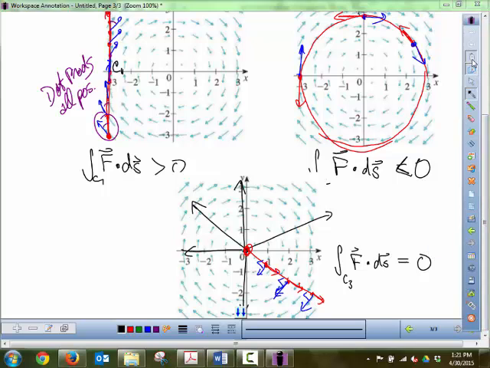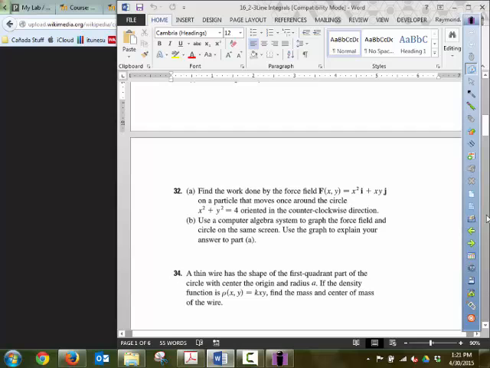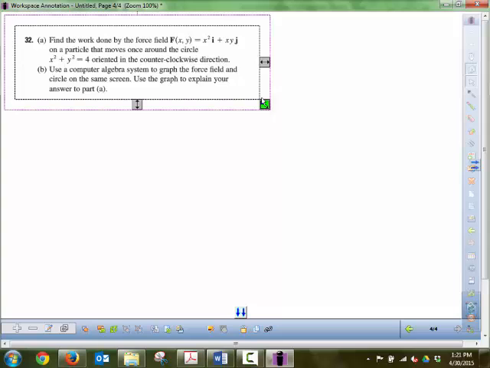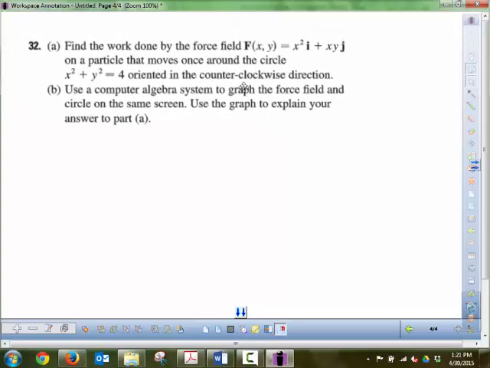All right, let's see if we can find just a problem to compute. There's a work problem here, and then a thin wire to find the mass. Let's do the work problem, because that one's going to produce a line integral for us. So here you have a field x squared comma xy, and then a particle that moves around in a circle oriented in a counterclockwise direction.